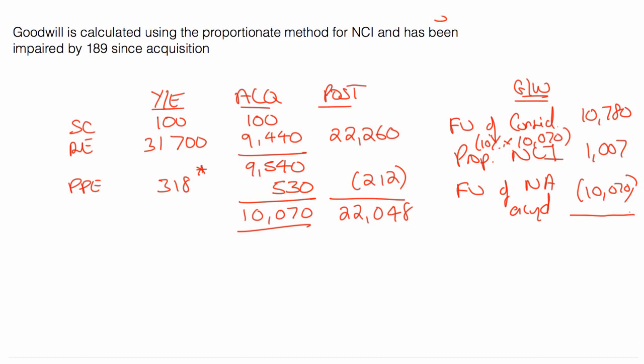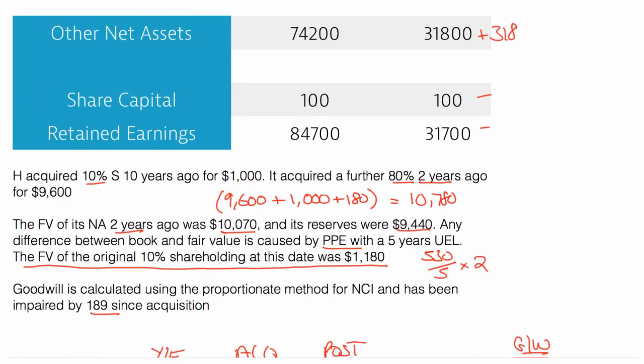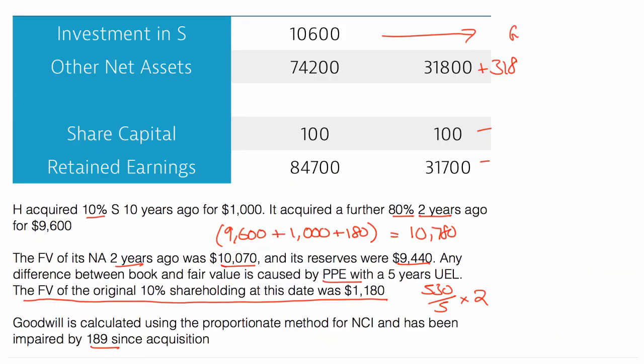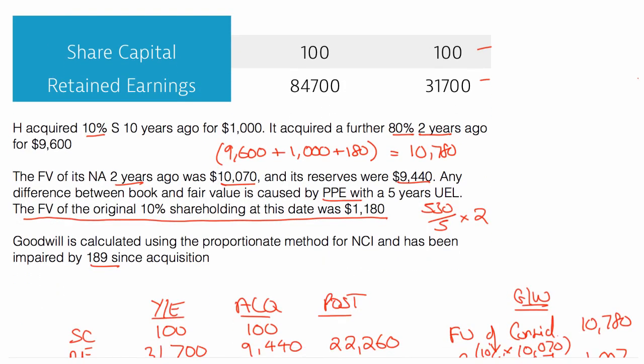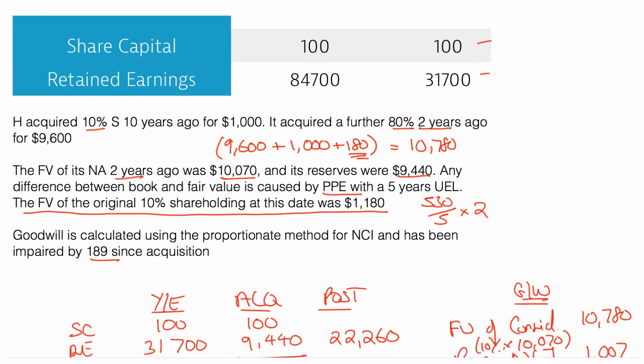So get the calculator out. 10,780 plus 1,007 minus 10,070 gets me 1,717. Impairment 189. So minus 189 gives me goodwill of 1,528. So I just simply pop that in then. Goodwill is 1,528.